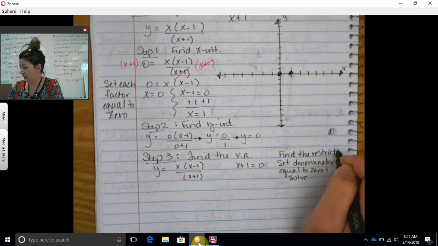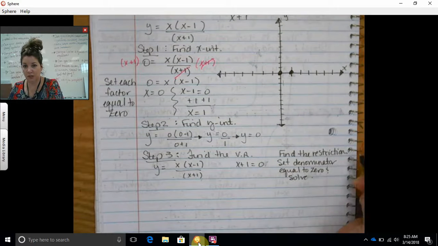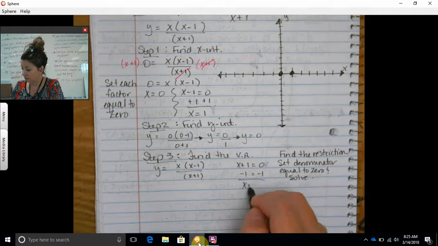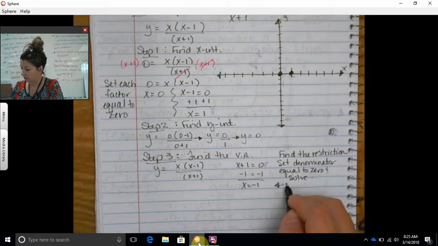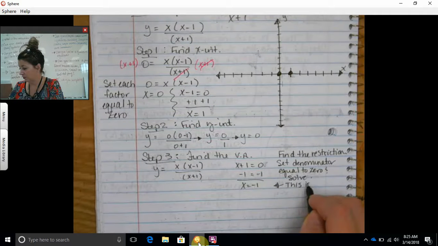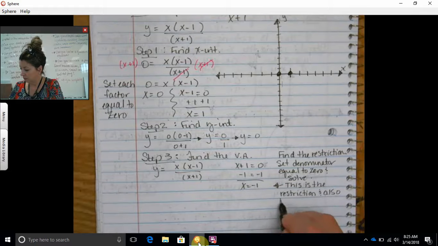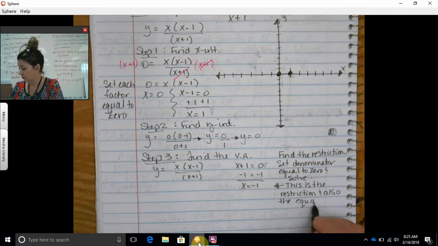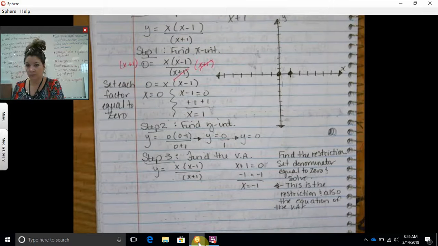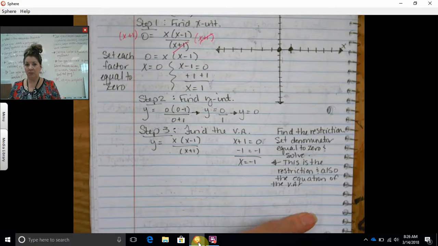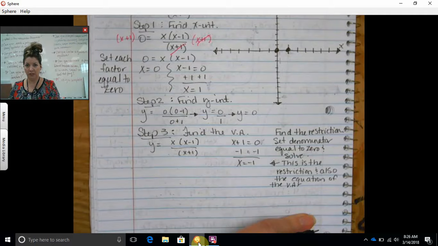When you're doing that, you're actually finding the restriction, and your restriction has the same equation as your vertical asymptote. So I know I've said that before, but I don't know how completely we wrote it down, so I just wanted to make sure you had that somewhere in your notes.